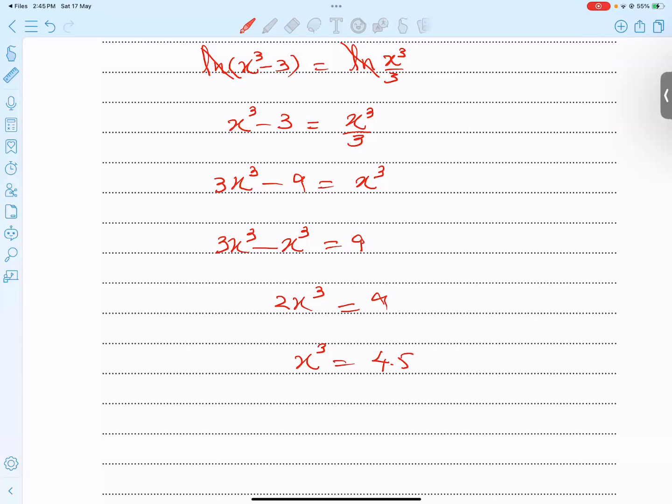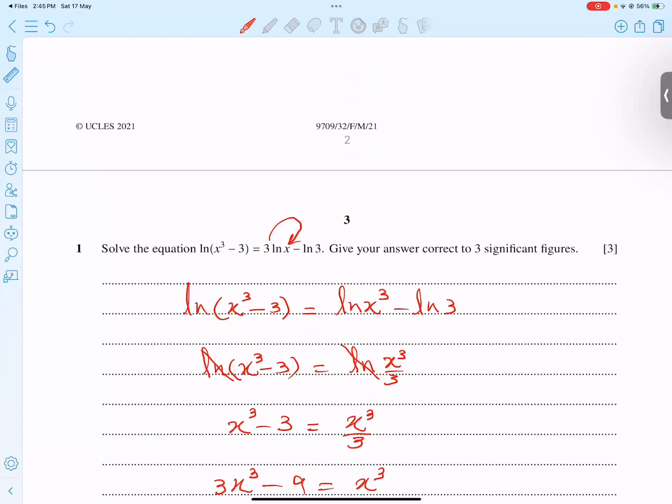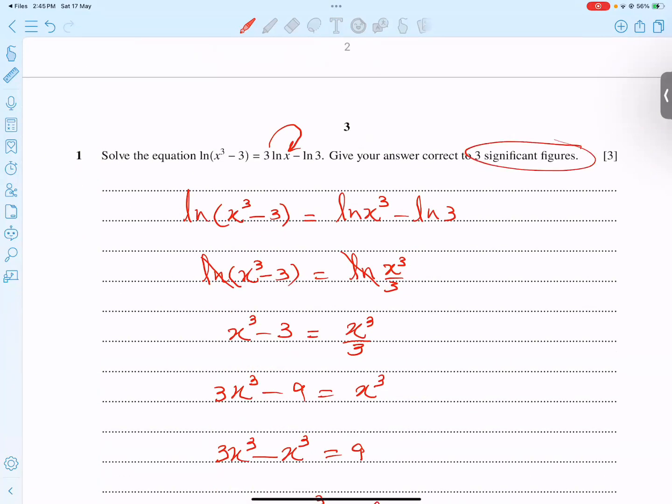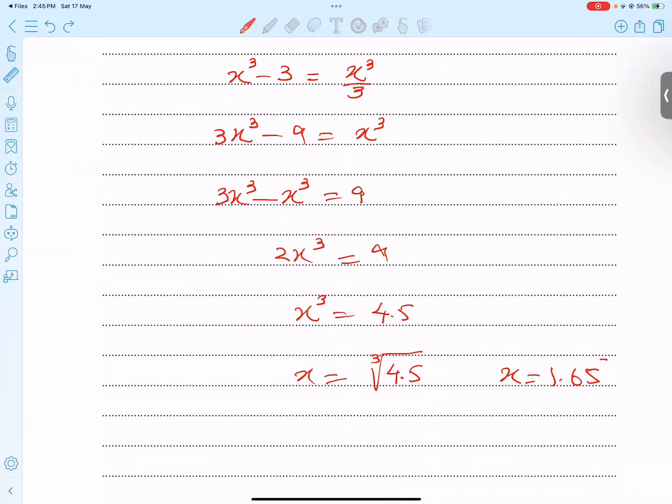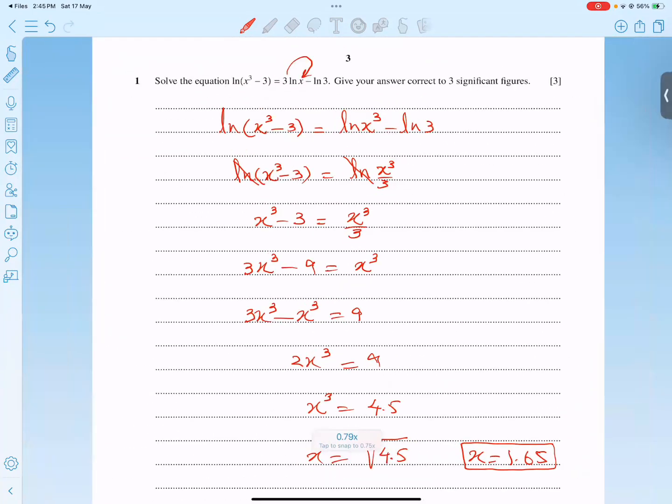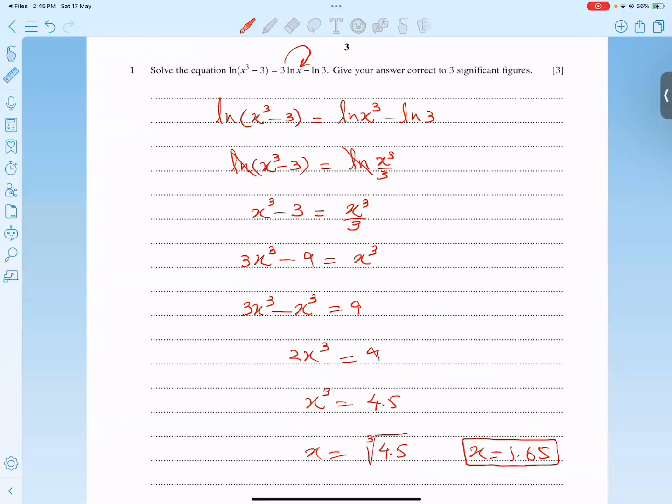So the cube root of 4.5 is giving us 1.6509. He mentioned 3SF, yes, he said 3SF. So 1.65 is my required answer, and question 1 is done.